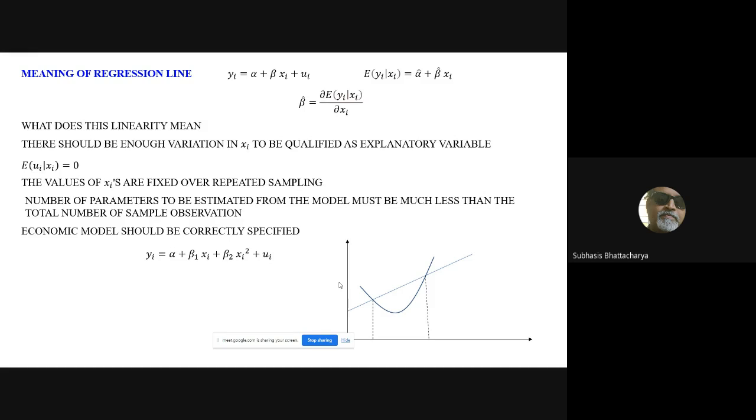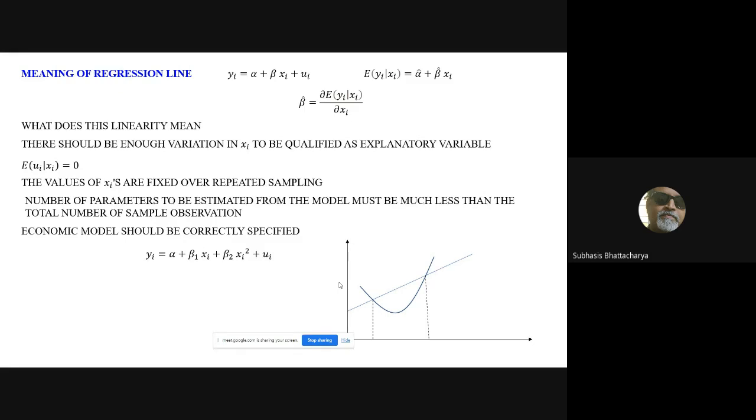So the interpretation of beta hat is applicable only for an average individual. Mind it, only for an average individual. Who is the average individual? The average individual may not be in your sample. The person whose income is equal to the sample average may not be in your sample collection.